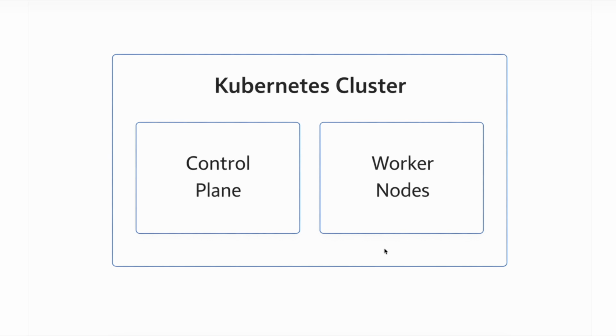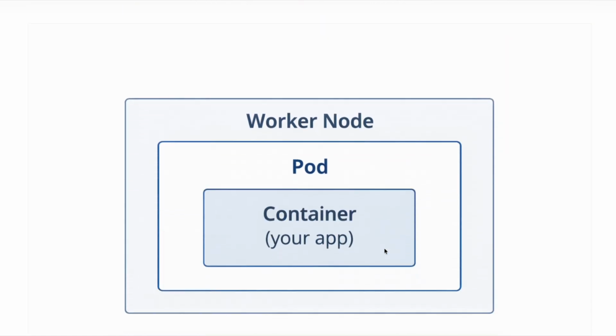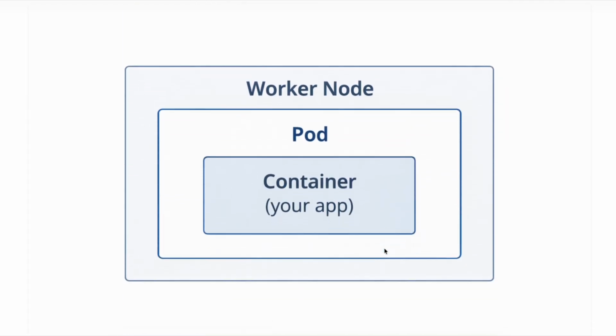Now, let's look at worker nodes. Worker nodes are the machines where your applications actually run. A worker node can be a virtual machine or a physical server.